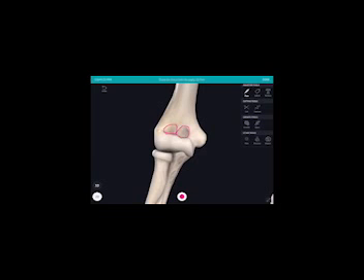This is the extended position, but once you start to flex, the articular surfaces of the radius and ulna will come up and sit in these fossae. This fossa is named the radial fossa, which is easy because the radial head will come and sit in it. And this one is called the coronoid fossa.